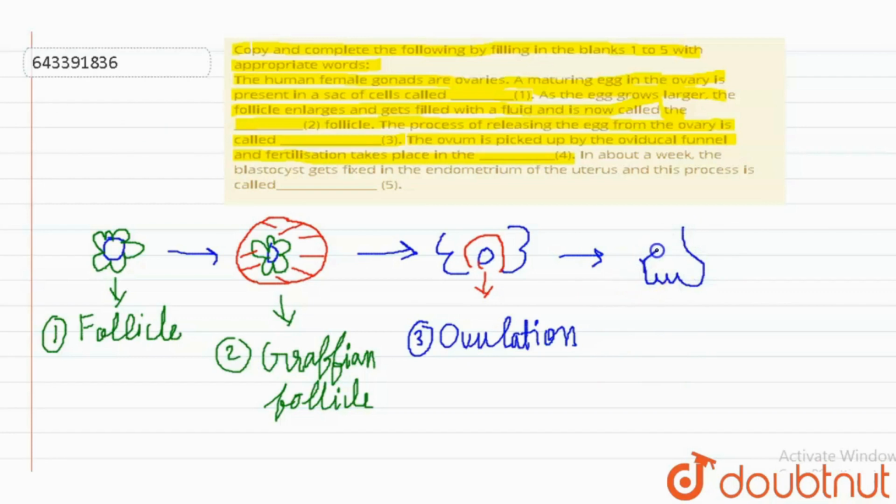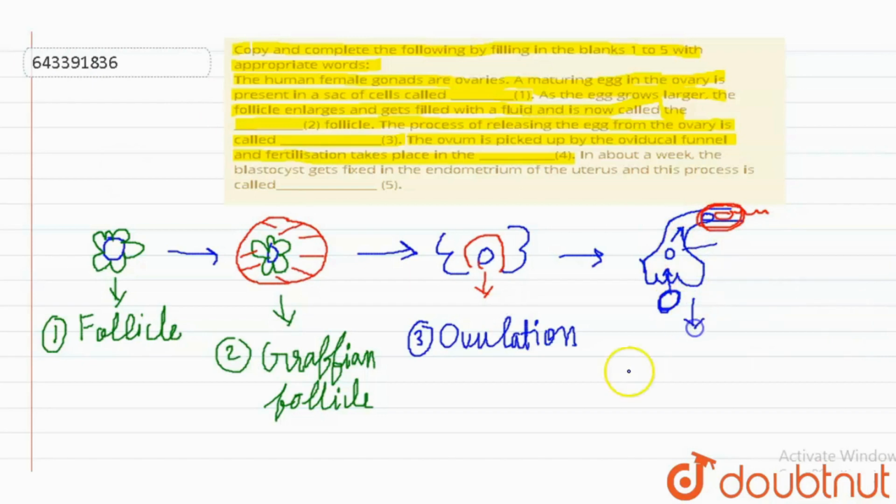These fimbriae of the oviduct or the fallopian tube will catch the ova, and the transfer of ova will take place from the fallopian tube to the uterus, in between which fertilization will also take place. This is our sperm, and this will fuse with the ova here, and fertilization will take place. Now we are seeing that fertilization is taking place in the fallopian tube.